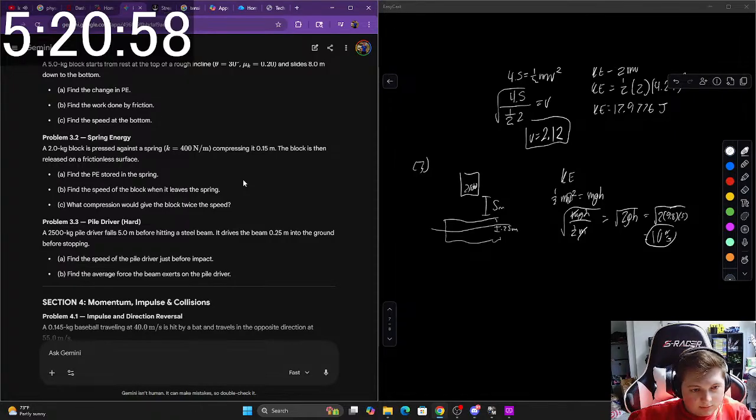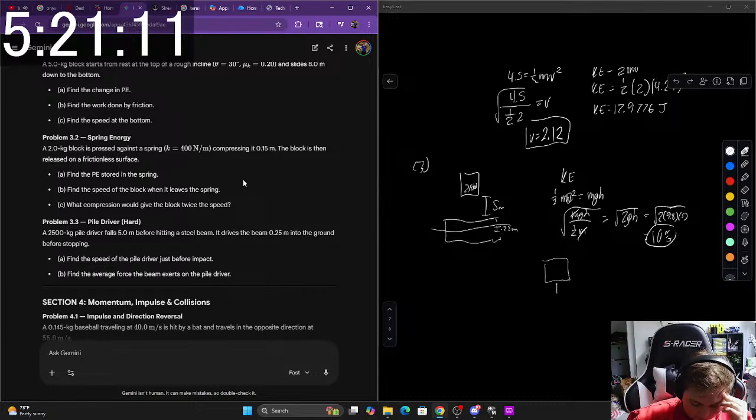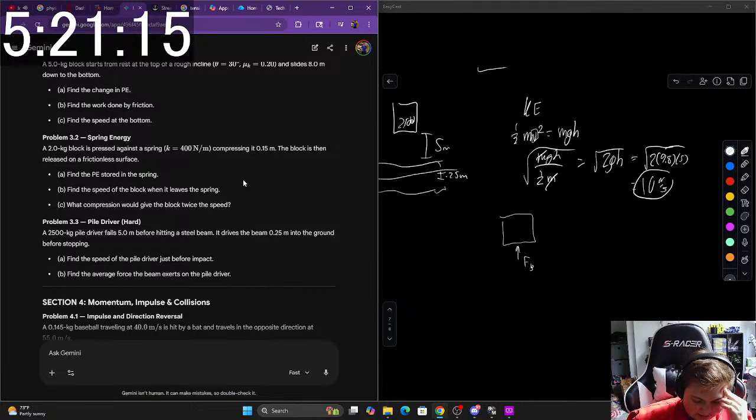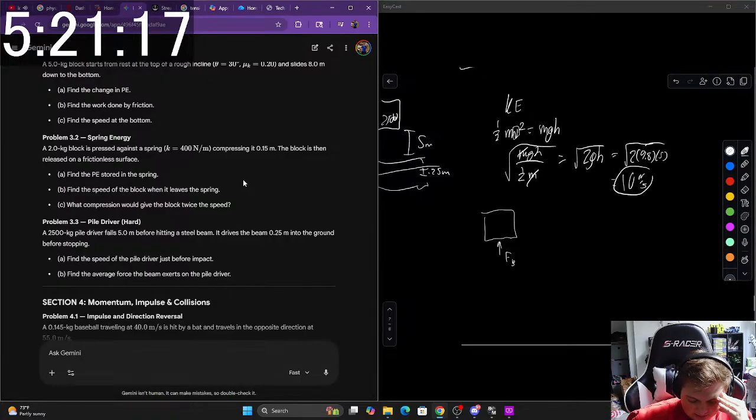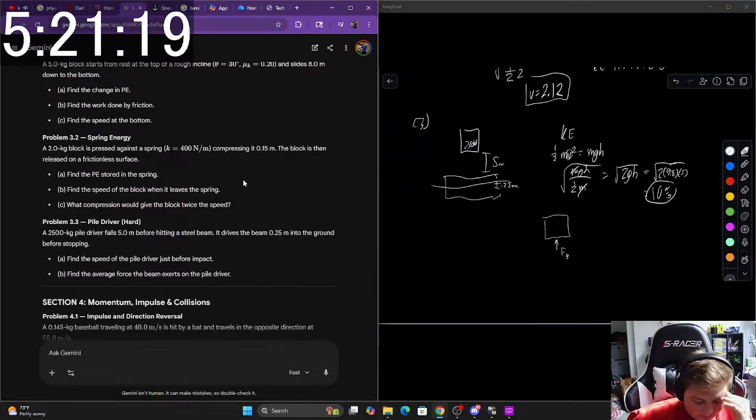Okay. Find the average force the beam exerts on the pile driver. So it's going to be equal to the force that the pile driver drives into that. Force.